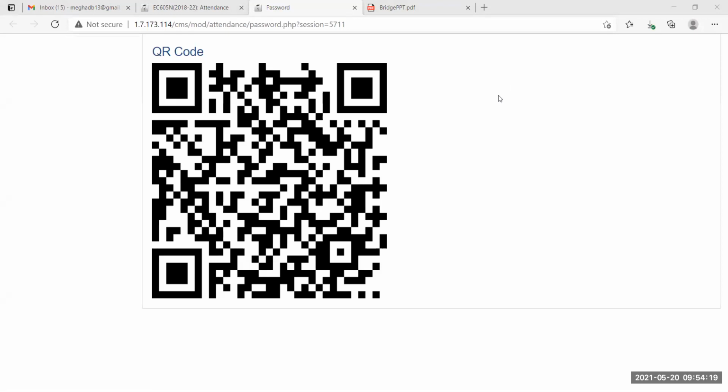Okay, so I think QR code scan is done. So we can start.